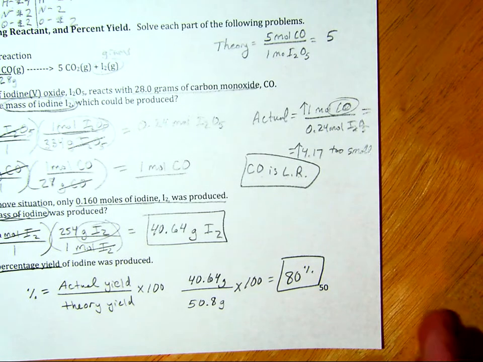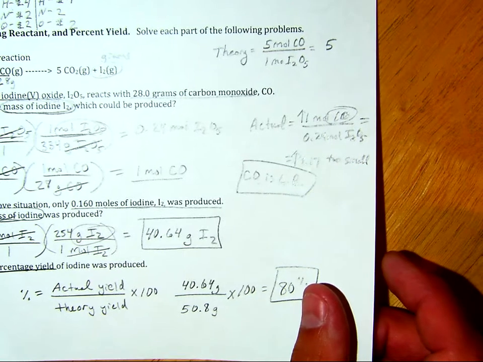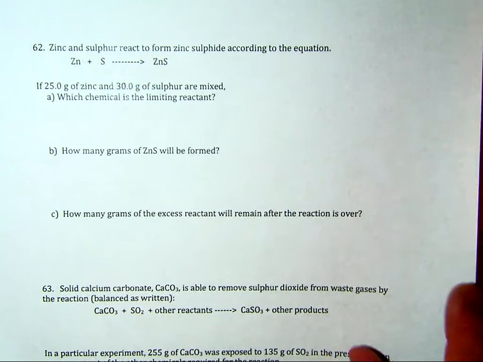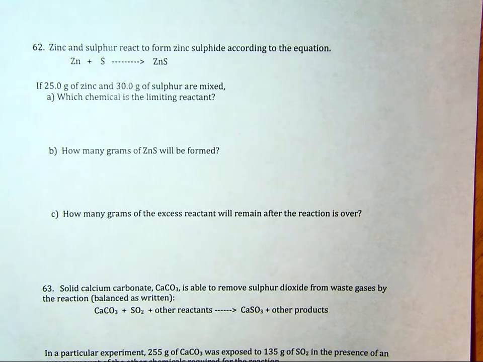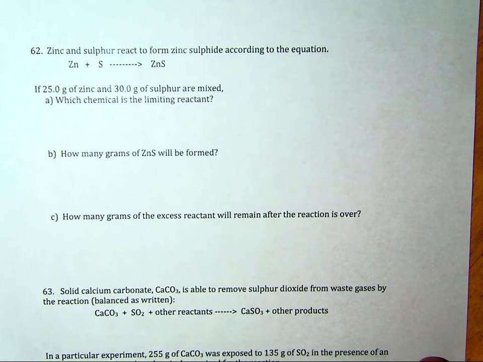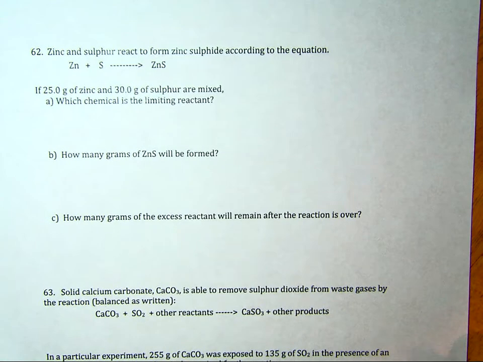All right, let's go to the final page of your study guide. Okay, number 62. For this one, it says zinc and sulfur react to form zinc sulfide according to this equation. So Zn plus S goes to ZnS.